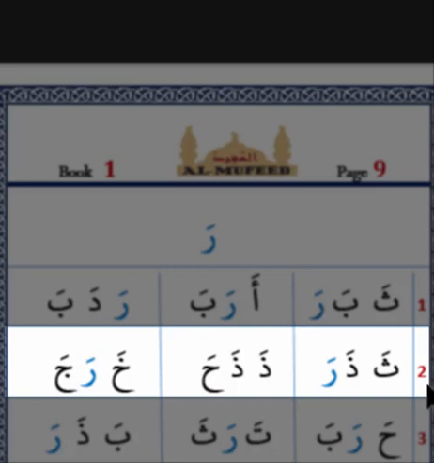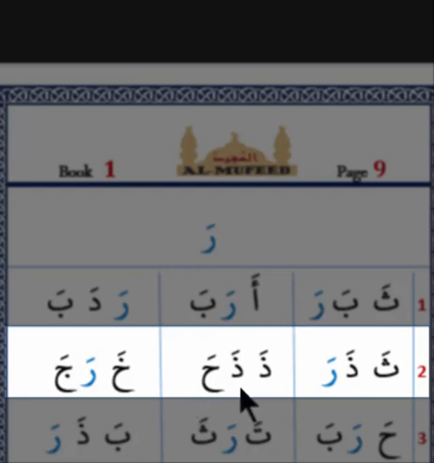Second line: Tha, Tha, Ra. Tha, Tha, Ra. Tha, Tha, Ha.